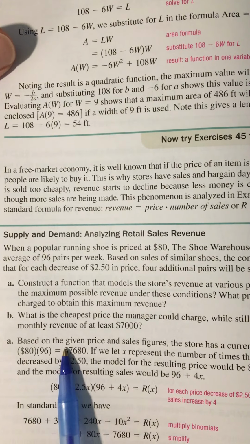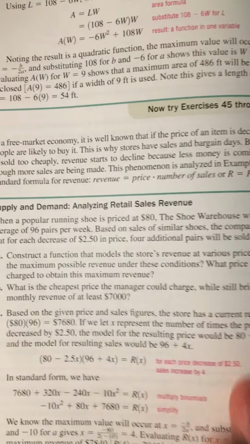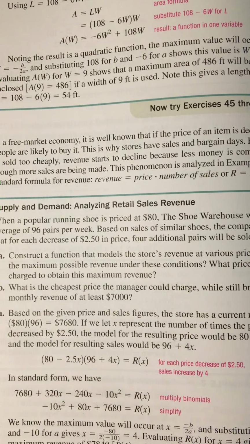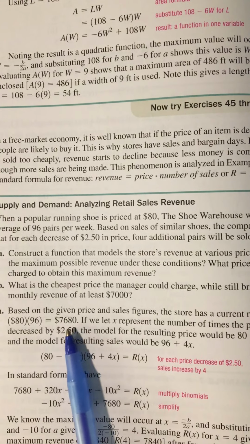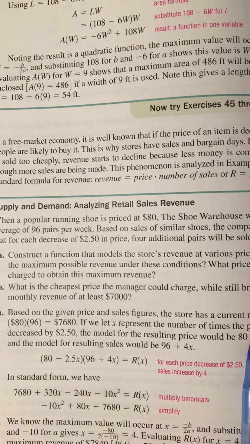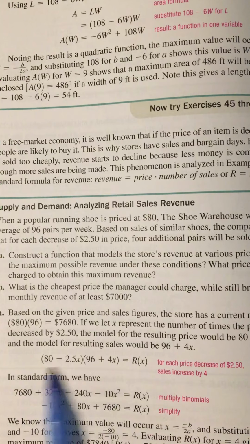Okay, so let's look at the solutions for A. It says, based on the given price and sales figures, the store has a current revenue of $80 times 96. That's 7,680. If you let x represent the number of times the price is decreased, we get this.